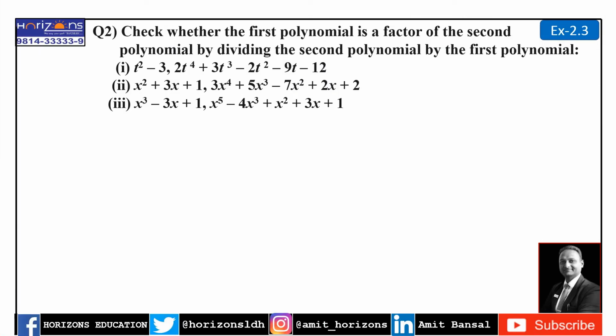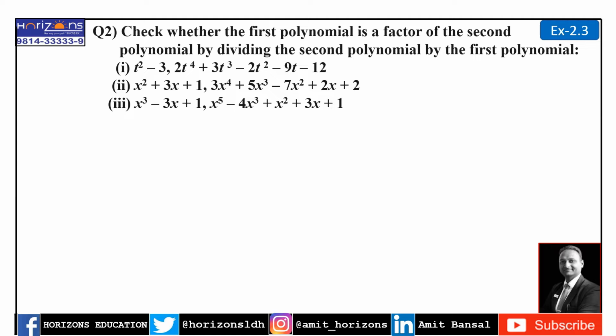Check whether the first polynomial is a factor of the second polynomial by dividing the second polynomial by the first polynomial. Again, I will be taking one example for you, and the rest you would be doing on your own. Right?